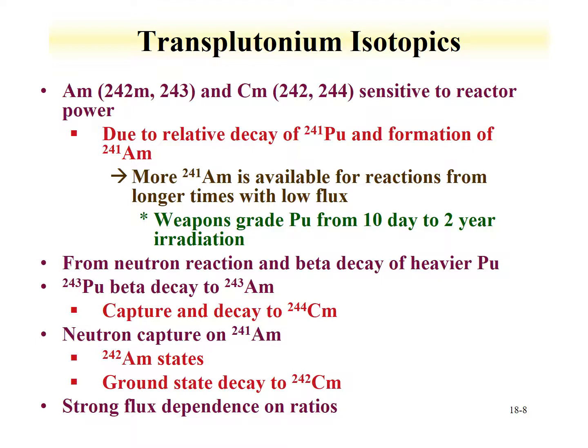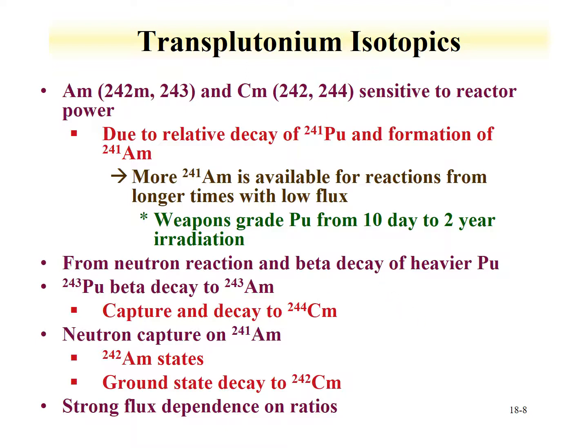So, from the neutron reaction and beta decay of heavier plutonium isotopes, we get the plutonium-243 beta decay to americium-243, and onto americium-243 there's neutron capture, americium-244 decaying to curium-244, that'll be one of our signatures.